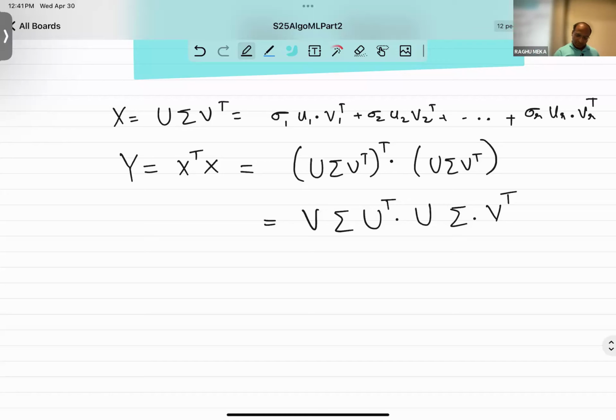But what can you tell me about this matrix, U transpose U? It is identity, right? We know that U is an orthonormal matrix, and in fact, that's how we defined SVD. So U transpose U is identity, so it will go away. And what I get is just V sigma squared V transpose.